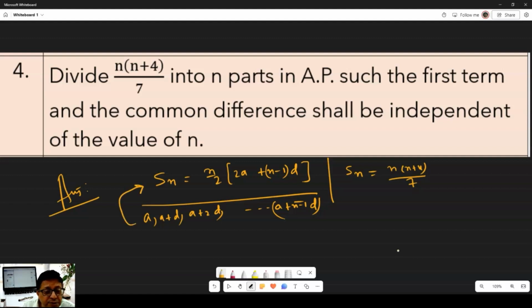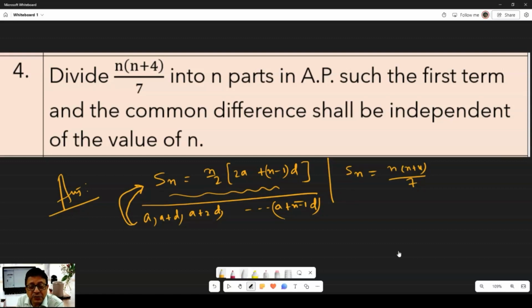You agree? Sum of this AP is this. So one can state it this manner. This sum is divided into n parts such that first term and common difference are independent of the value of n. So let us first arrange the given sum in this form.